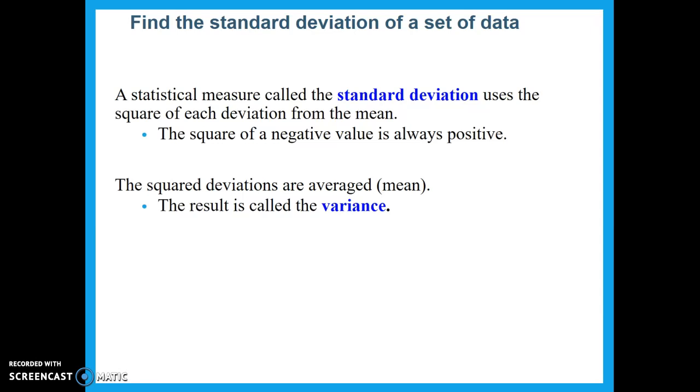A statistical measure called the standard deviation uses the square of each deviation from the mean. The square of a negative value is always positive, and the squared deviations are averaged, or the mean. The result is called the variance. So let's find the standard deviation of a set of data.